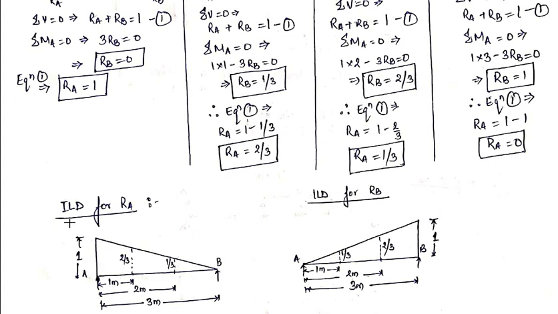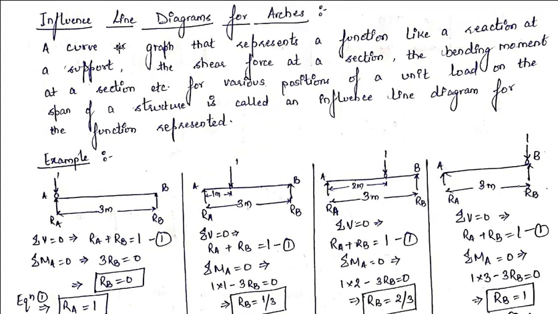So now let's come to the definition. An influence line diagram is a curve or graph that represents a function. That function can be a reaction at the support, the shear force at a section, the bending moment at a section, etc., for various positions of a unit load on the span of a structure.